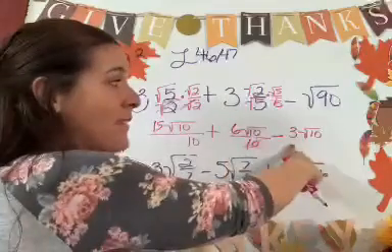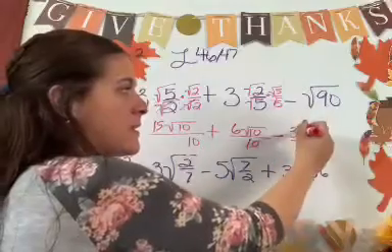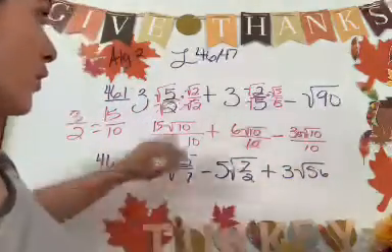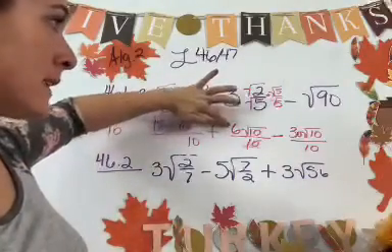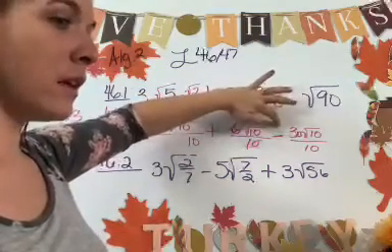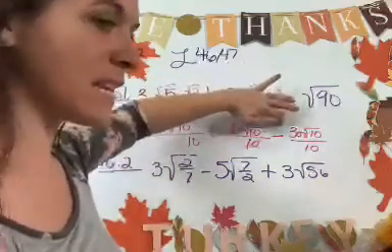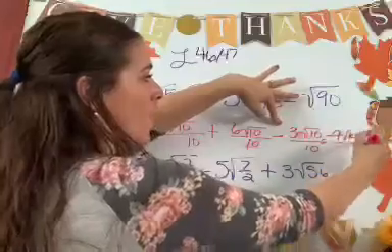And this one didn't have a denominator at all, so we need to make it 10, which means 3 times 10 is 30. Okay? And then you can solve for it and combine it. 15 plus 6 is 21, minus 30. 21 minus 30 is going to give you negative 9 square root 10 over 10.